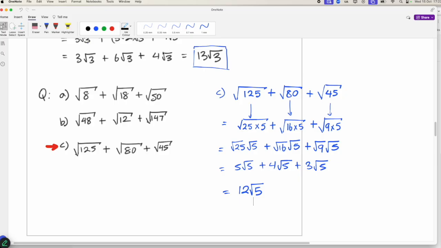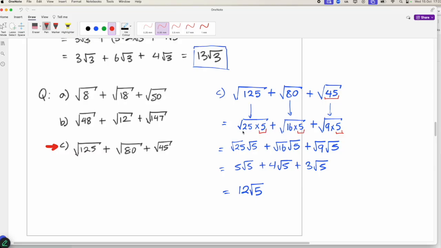So the first thing I noticed is that 45 was 9 times 5. And so I had this surd here with the root of 5. So I tried to see if I could find the root of 5 in the others. And yes, I did. Because 80 is 16 times 5. And then 125 is 25 times 5.